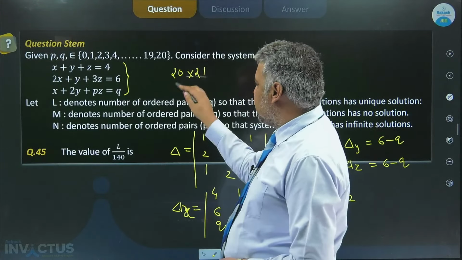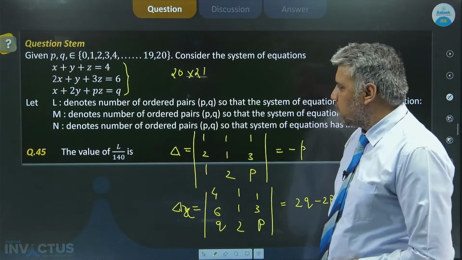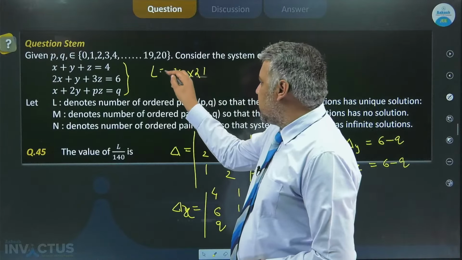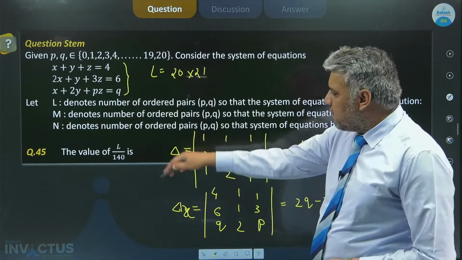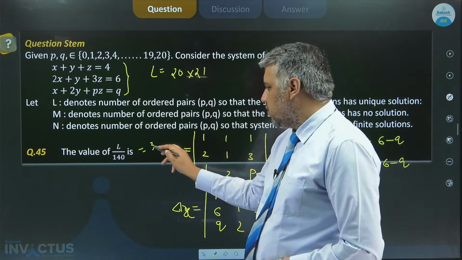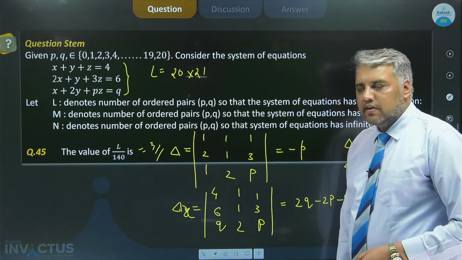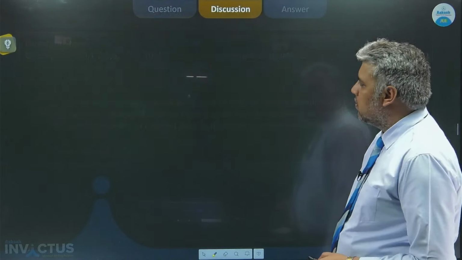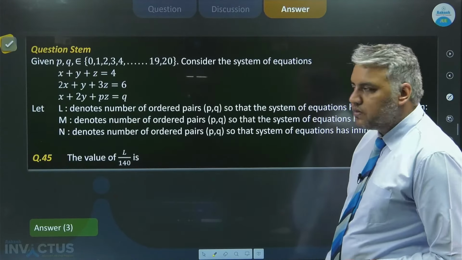So total there will be 20 into 21 ordered pairs of p and q, p comma q. So L is basically 20 into 21. So L by 140, so I think this is 420, so this will be 3. So for question 45, we must have the answer as 3. Yeah, 3 is the answer.